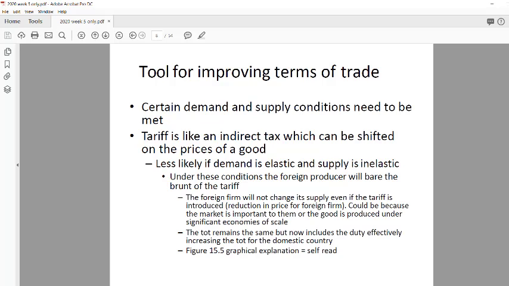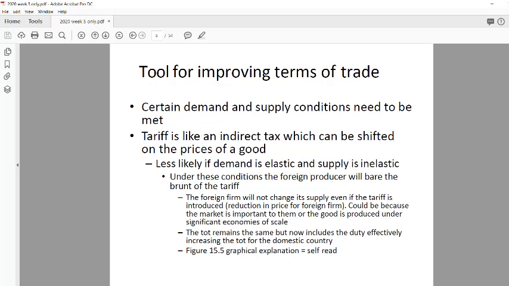Now we're moving into terms of trade and moving away from protecting the country. We're saying, okay, under certain conditions for supply and demand, we can impose a tariff, or we can protect this industry in a sense. You think of a tariff being like an indirect tax. We can force this pricing, or our tariff, to fall away from our country and onto the foreign good. So how do you do that?